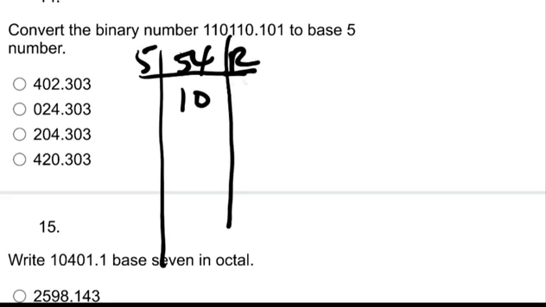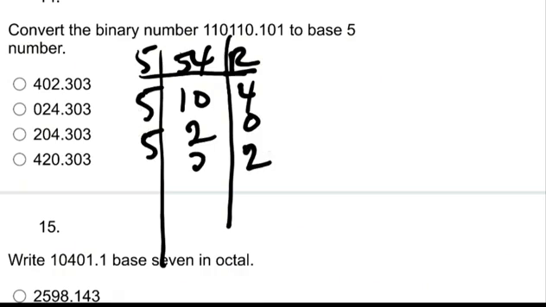So 5 here, 10, remainder 4, right? 5 here, 2, remainder 0, 5 here, 0, remainder 2. That is 204. From all indication, this is our answer without even finding this one.